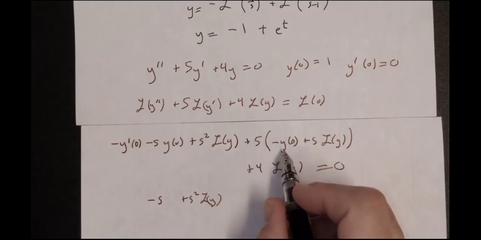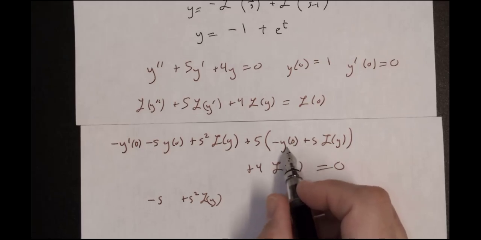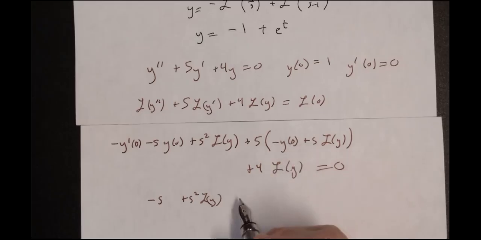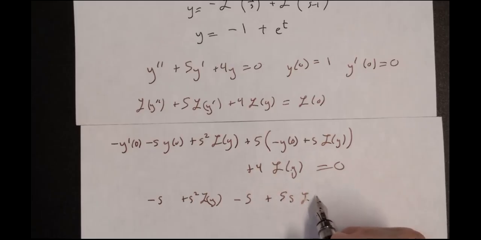Then here I have 5 times, well, that's a 1, right? Minus 1 right there. So that's minus 5 plus 5s L of y plus 4 L of y equals 0.